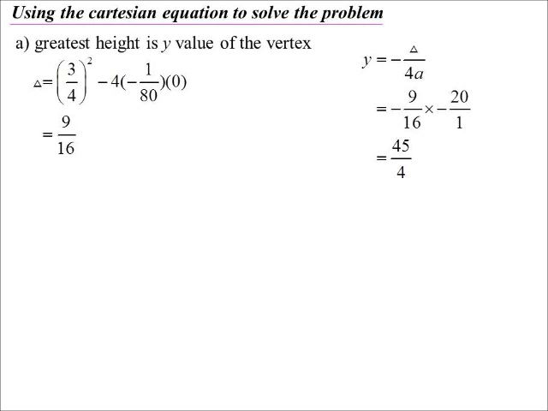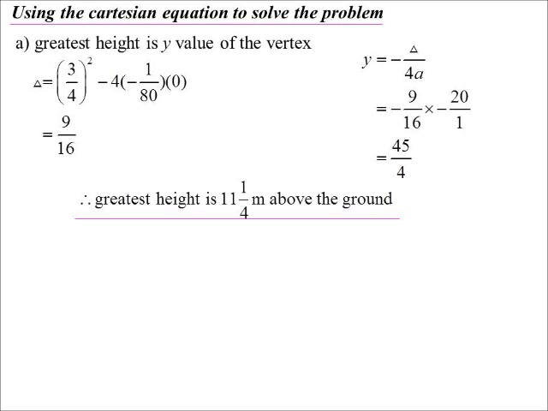So for this one, I had to work out the discriminant first, 9/16 over 4a. What's a? It's just the coefficient of x squared in the quadratic. That one I worked out before, it had a coefficient of -20. So there we go, we get our y value, 45 on 4, same as we got before.